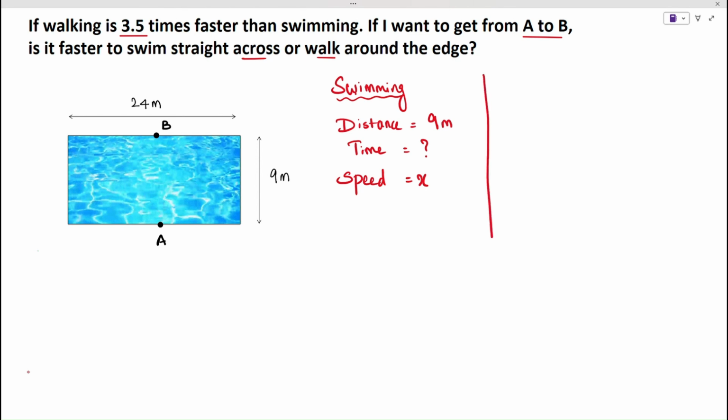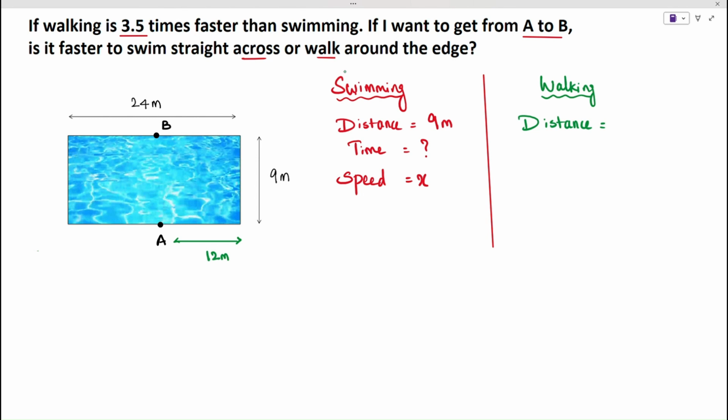Now let's try walking. So if we take our values for walking, our distance for walking is, right, so A and B are both midpoints of their sides. So we go from A to the corner, which is going to be half of 24, which is 12.